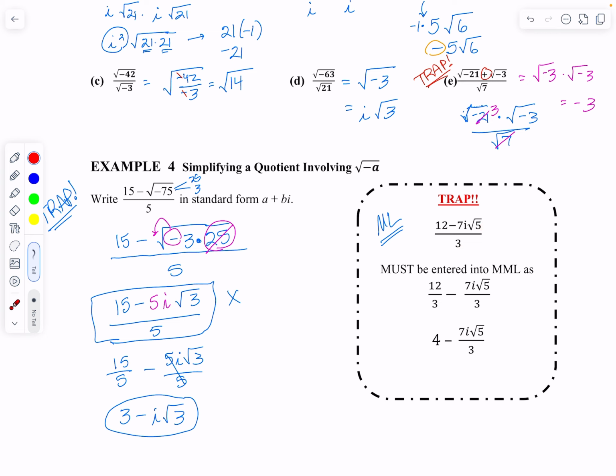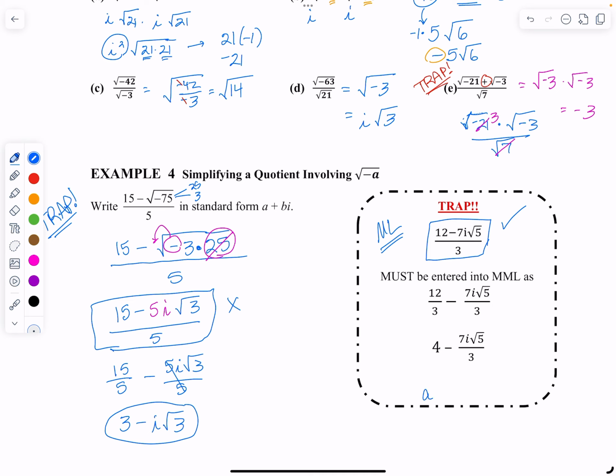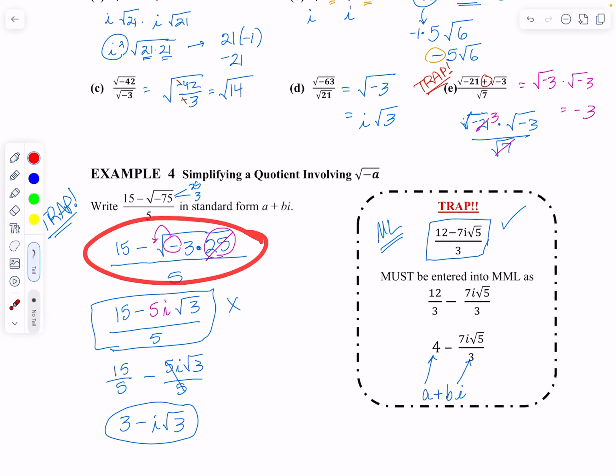Okay. All right. So on my test, you would just put this in the answer blank and that would be it. Okay. But in MyLab, they want your answers, most of the time, they'll say, write your answer in a plus bi form. That means they want a whole number or a fraction, and then they want it separate from the imaginary number. So we'll do exactly what I did over here where I split it up, right?